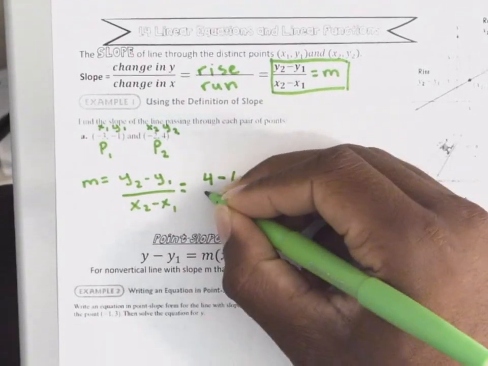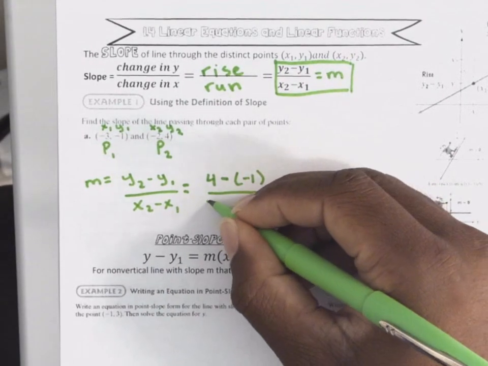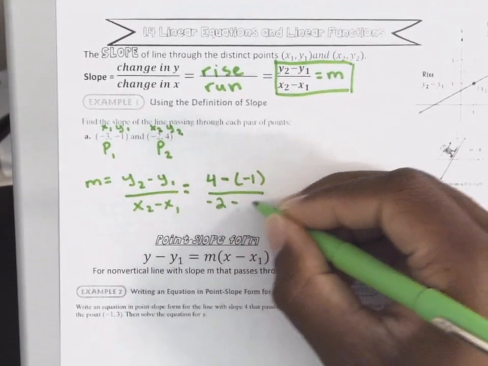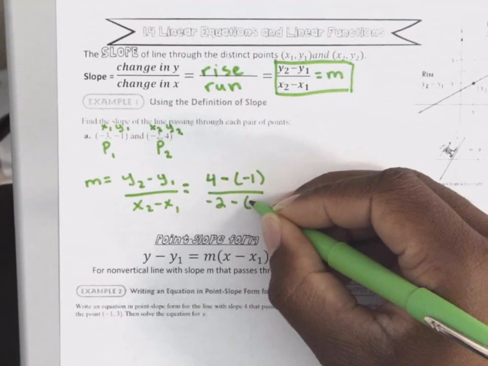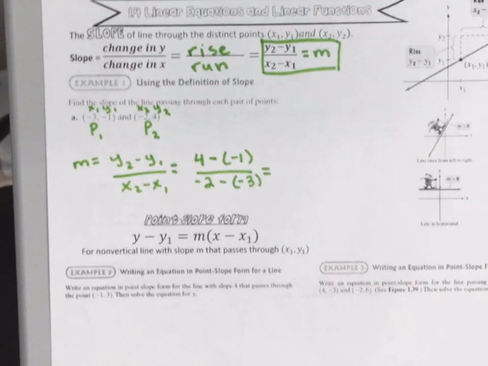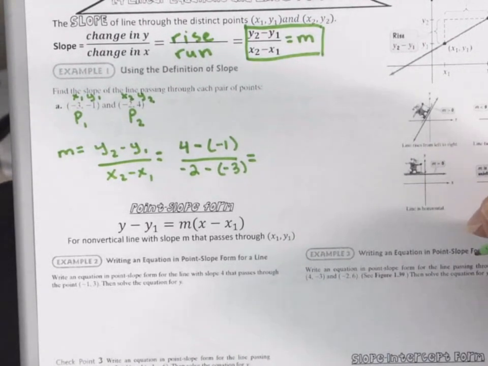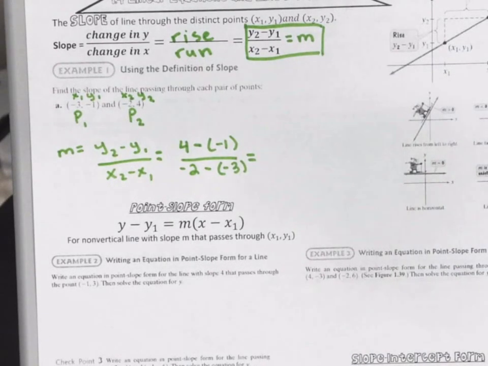-1 divided by, what comes first? -2 minus what? -3. Good job. What's the top come out to equal? 4 minus -1? 5.